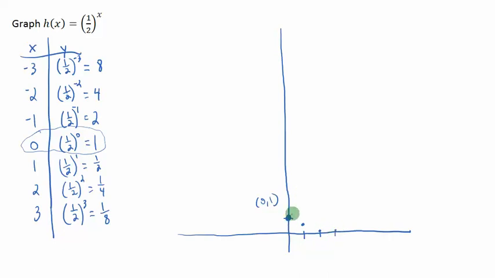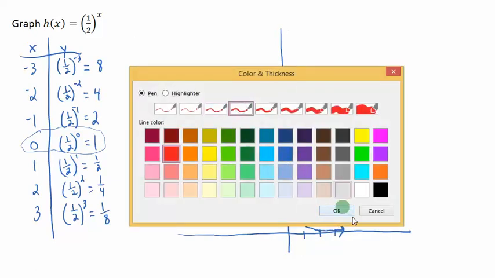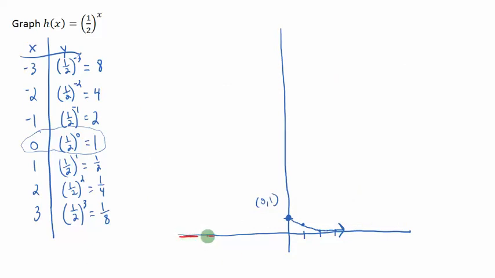So my graph this time is getting close to the x-axis on the right side. And so once again, we have this asymptote on the x-axis because we keep getting infinitely close to it. So we have the same asymptote still, y equals 0.